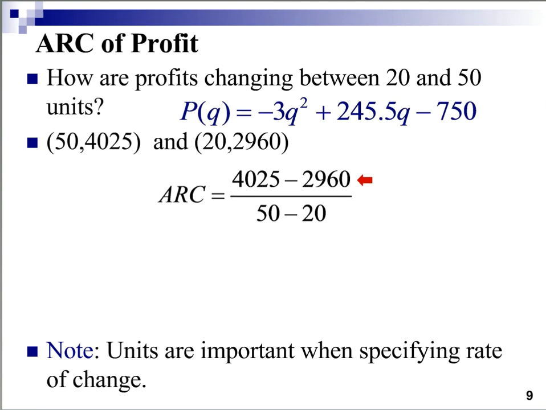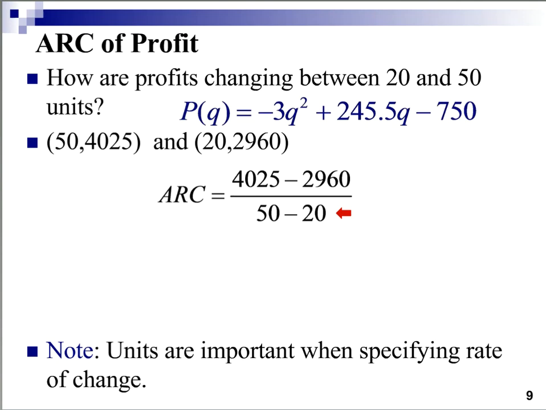We're going from 2,960 to 4,025. So the change there is just simply the difference between those. So 4,025 minus 2,960 is the change in the profit, or the change in y, divided by the change in x, but x here is quantity. So the change in x here is 50 minus 20. We're going from 20 to 50 units, so the change is a total of 30.